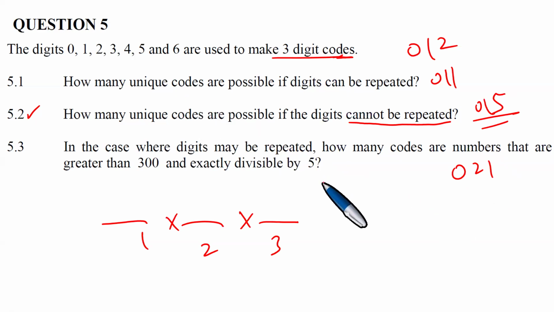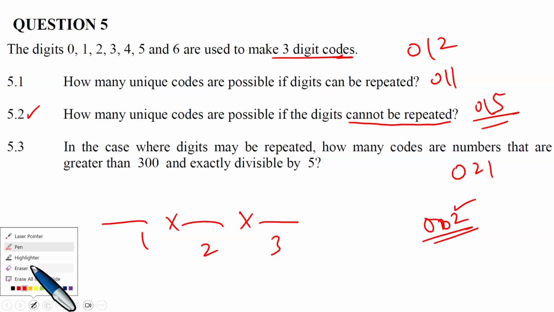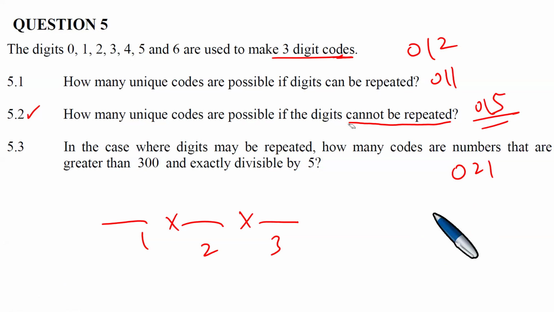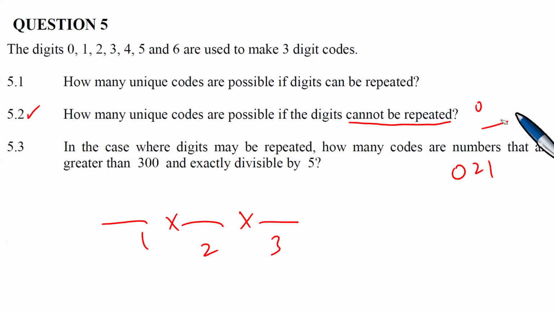But if they say count the number of people in a house, and it's a 3-digit number, you can't say there's 002 people in the house, because we say it's a 1-digit number. Because they can trick you with this in the exam, the codes and numbers, students, please pay particular attention. The examiners can be tricky sometimes. They're out there to get you.